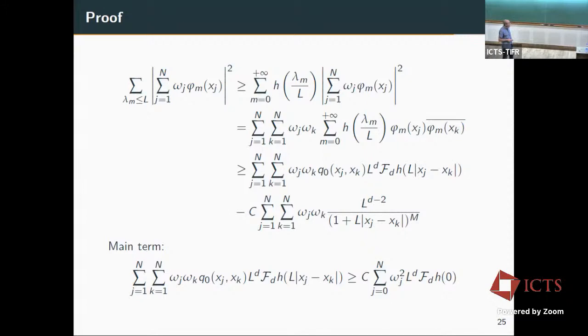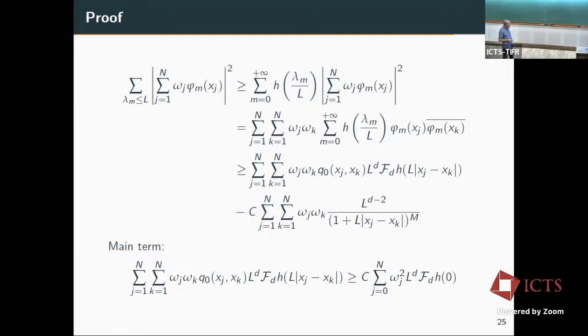And why is that? Well, let's take the principal part. So you have J goes from 1 to N, K goes from 1 to N. Since everything is positive here, I can just take J equal to K. So this is greater than or equal to the sum over J from 1 to N, K equal to J, so you have omega J squared, L to the power D. And then again, because J is equal to K, you have Xj equal to Xk.